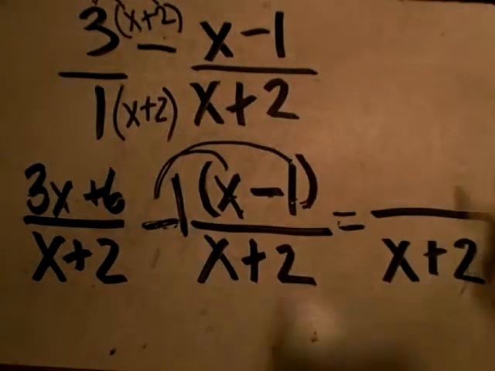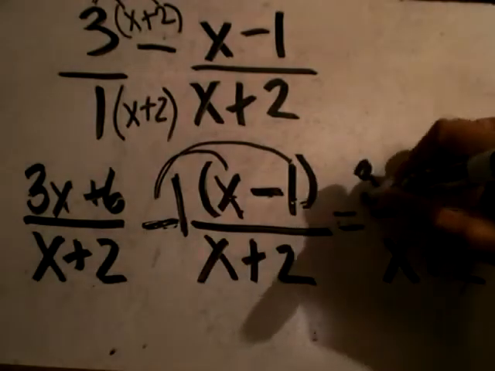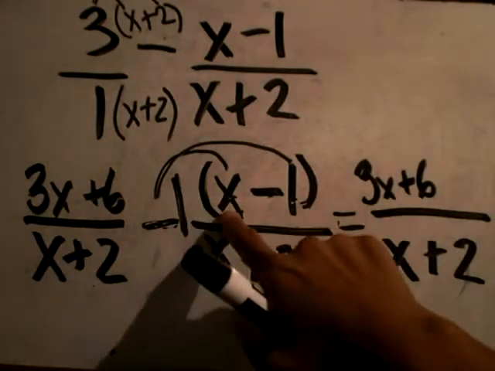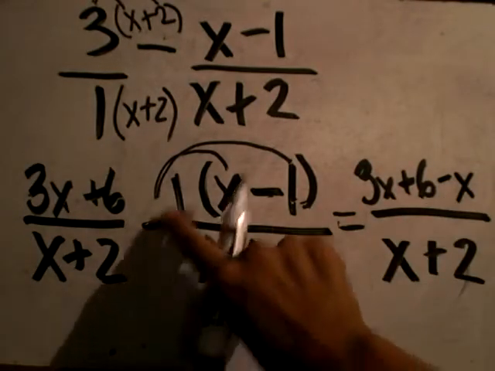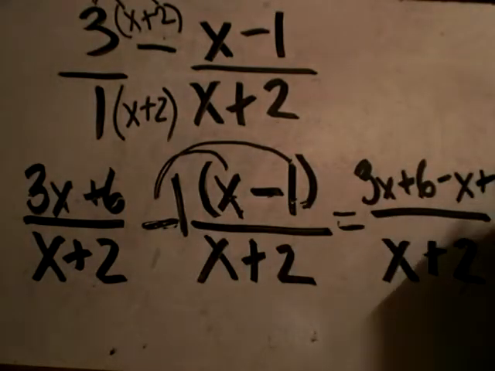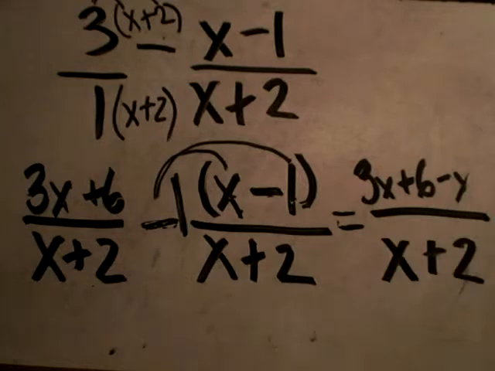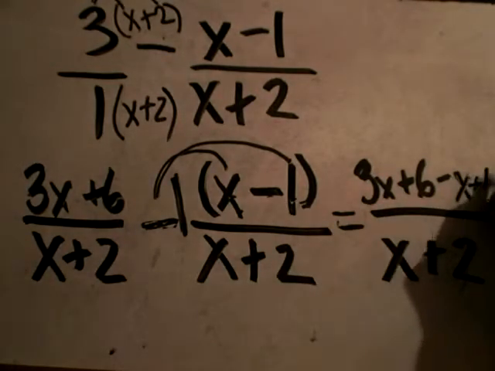Okay, so now this becomes 3x plus 6 minus x, remember distributing this, so negative 1 times negative 1 is plus 1. Whoops, you can't see that on the camera, can you? Okay, I'll rewrite that. x plus 1.